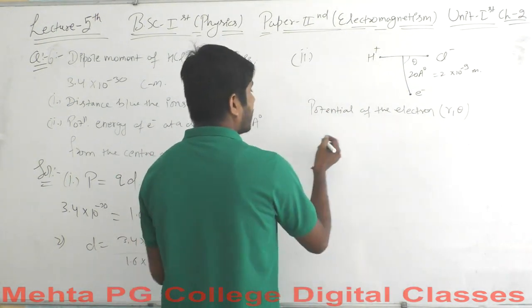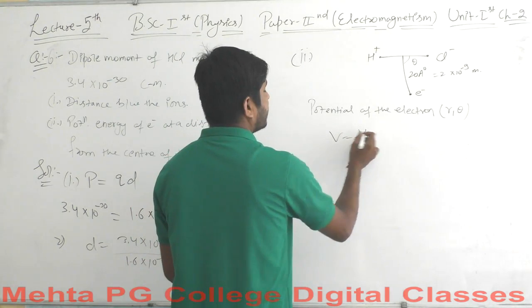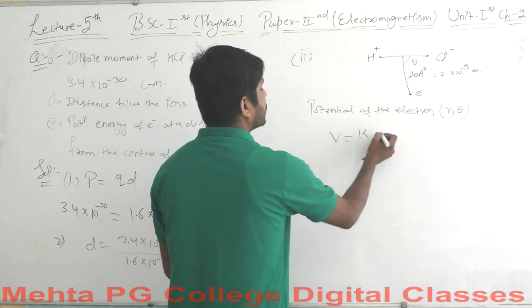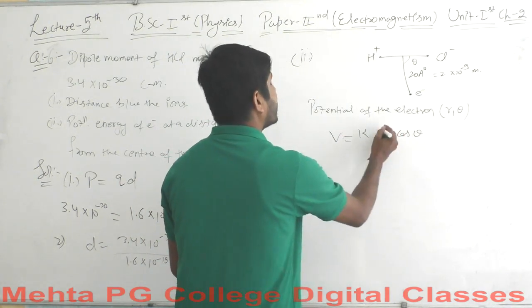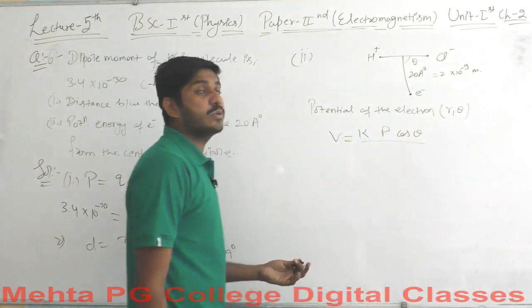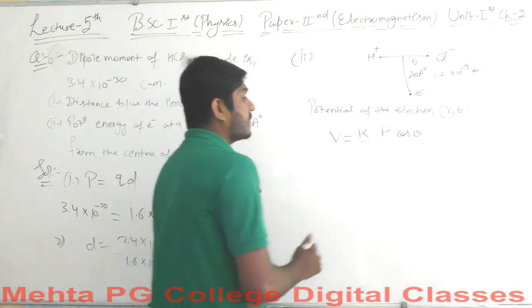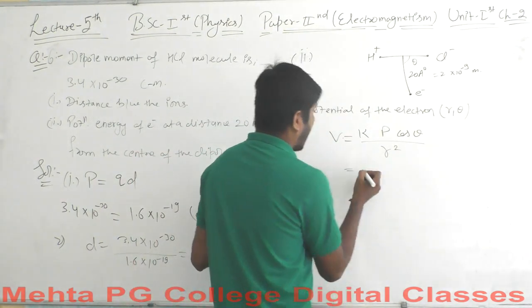The potential of the electron V is given by V equals KQD cos theta, but simply we will use P because the dipole moment is already given to us. V equals Kp cos theta over R square.